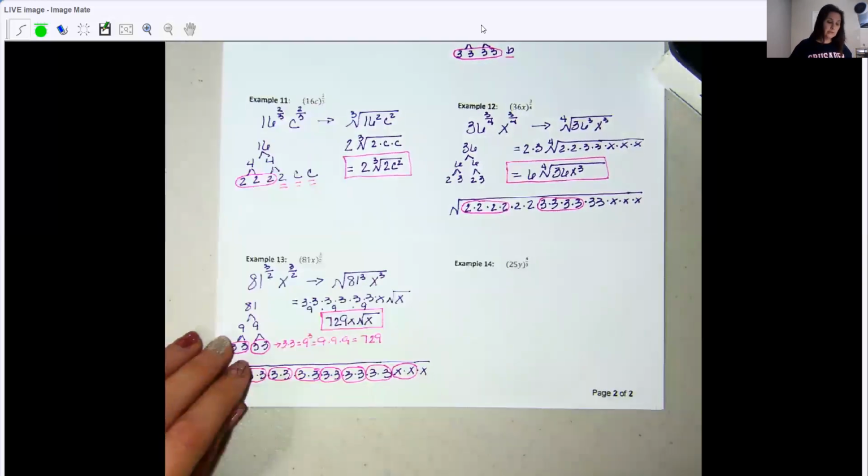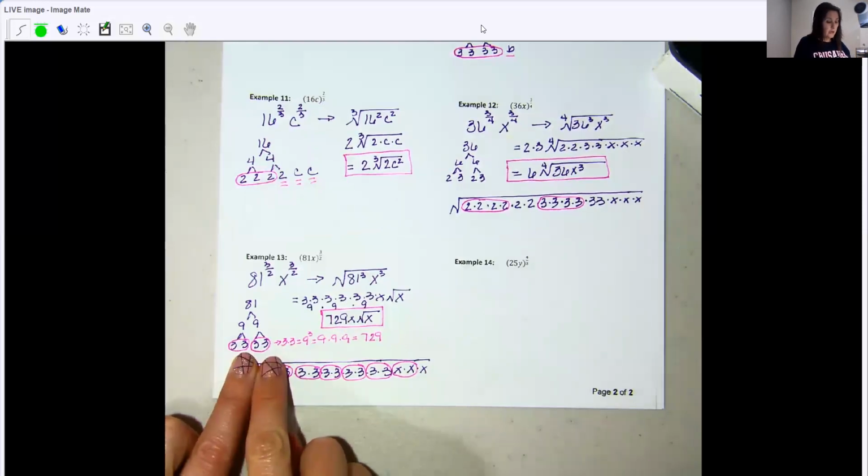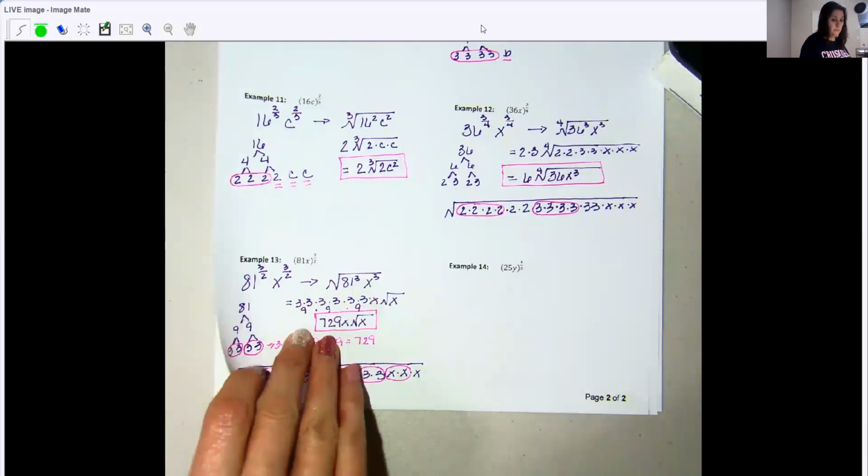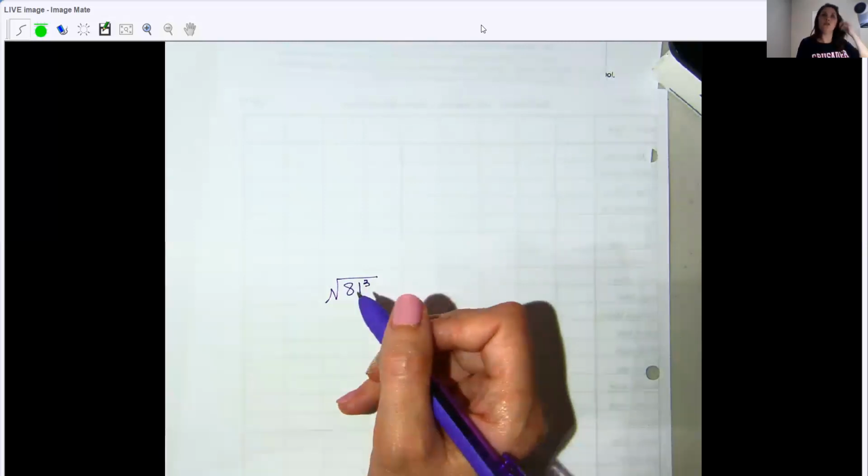Okay, what I'm going to do is I'm going to explain this a little bit better. And so I'm going to pull over another sheet of paper here. Okay, in our square root symbol, we had 81 cubed, okay? So I'm just going to factor out 81 one time. Okay, now we have a square root, so we are trying to find groups of 2.